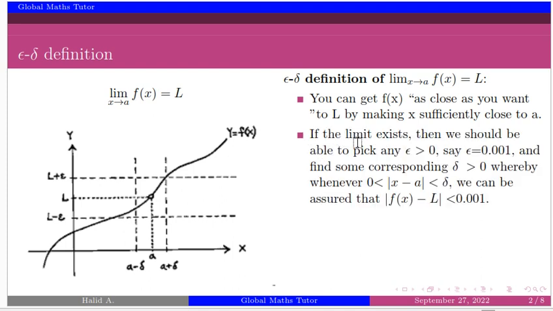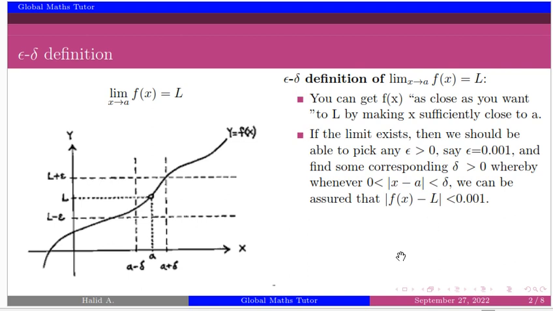If the limit exists, then we should be able to pick a number epsilon greater than 0, say for example 0.001, and find some corresponding delta greater than 0, whereby whenever the distance of x from a is less than delta, we can be assured that the distance f of x minus L is less than epsilon, in our case 0.001.